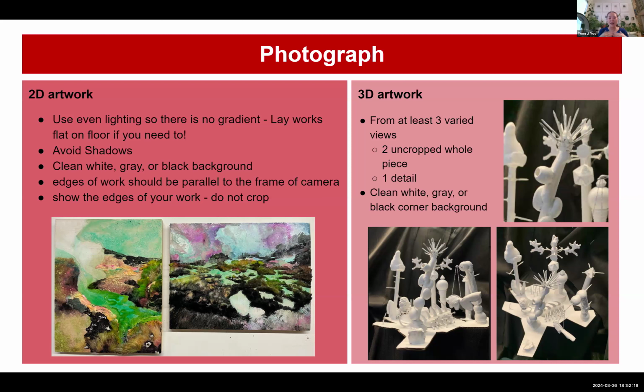What I tend to do is lay my work flat on the floor and photograph it top down so the light is much more even. You avoid the shadows. Make sure the edges of the work are parallel to the edge of the camera frame, so it's not a trapezoid shape.